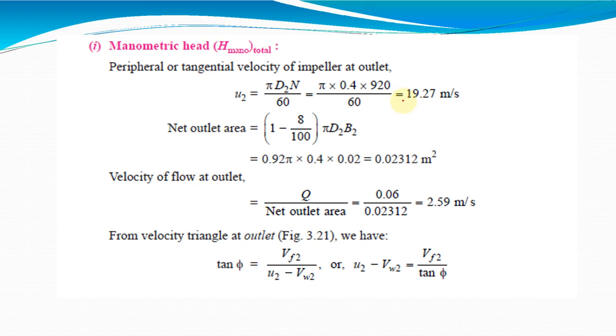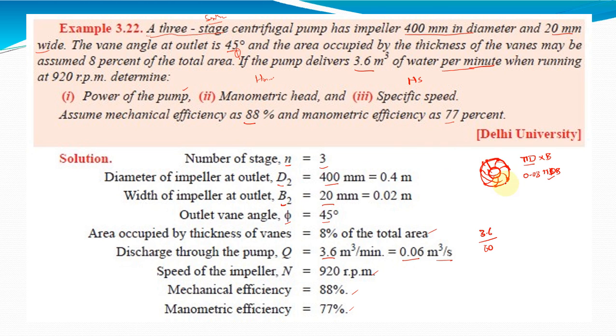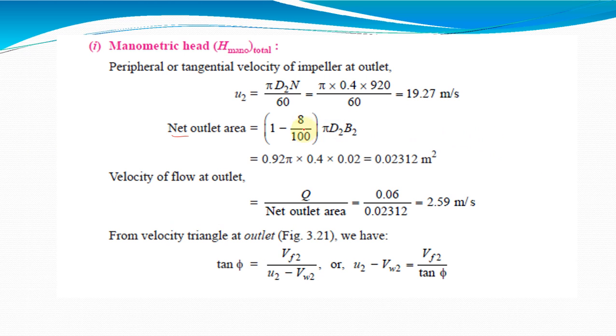If you observe, we have this outlet area, the peripheral area. I have told you how to calculate the peripheral area: that is pi d2 b2. The area occupied by the vanes is 8%. So the net area available for flow will be pi d2 b2 minus 8% of pi d2 b2. So this is the net outlet area available.